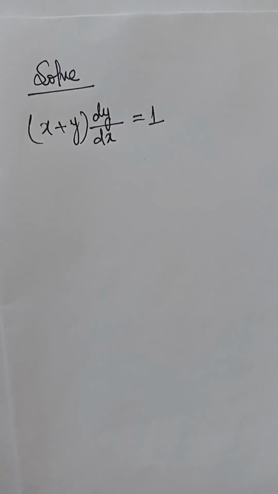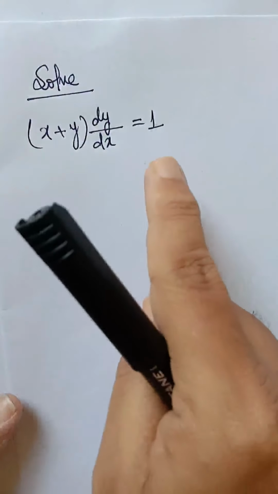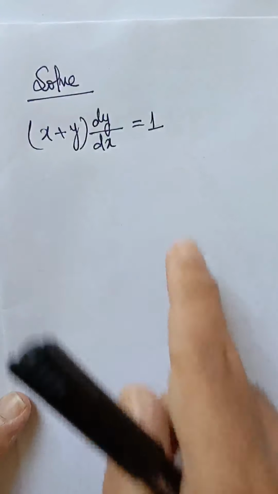Next question is to solve the differential equation x plus y into dy by dx equal to 1. Now this equation we cannot express in the form dy by dx plus py equal to q, because dy by dx equal to 1 by x plus y, and after that we cannot separate.